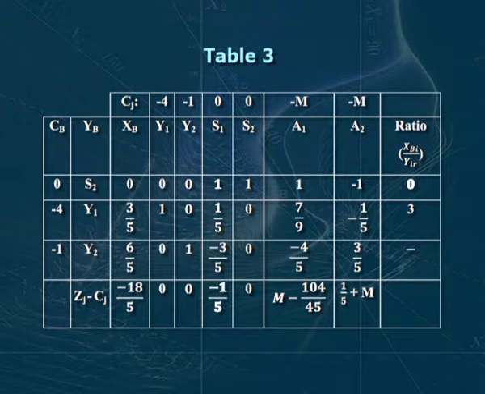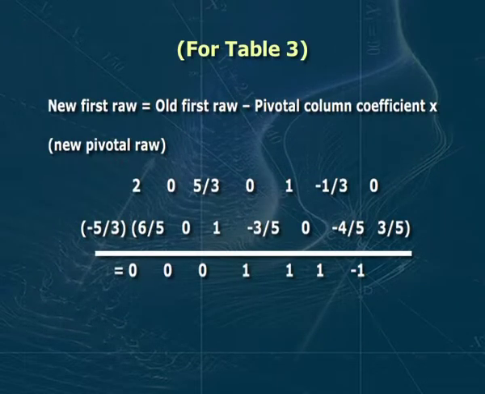This is table 3, in which we have calculated all the values of the different rows and columns. Here the new first row we have calculated using the formula old first row minus pivotal column coefficient multiplied by new pivotal row.